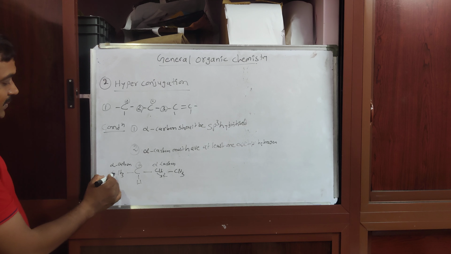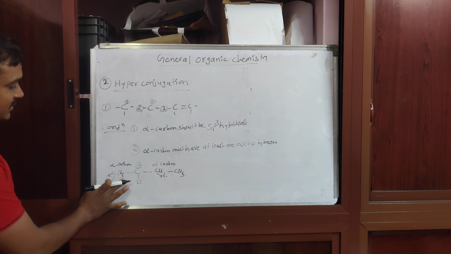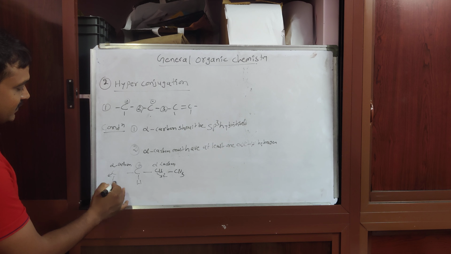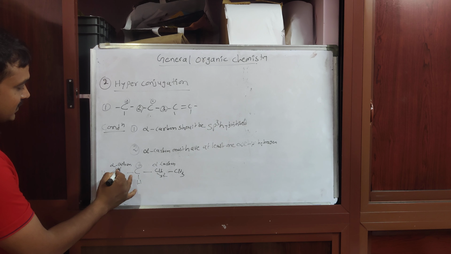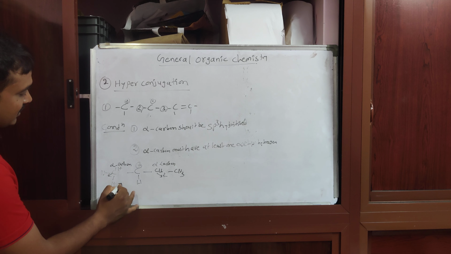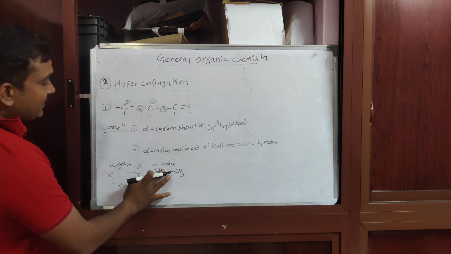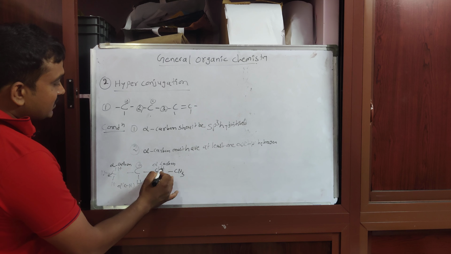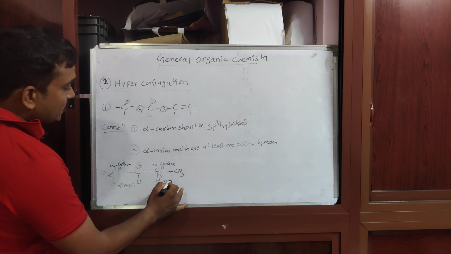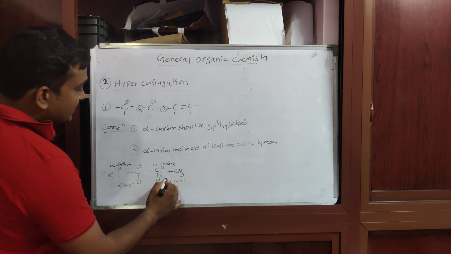The alpha carbon here has three hydrogens: this one, this one, this one. These hydrogens are called alpha carbon hydrogens. This other one also has two hydrogens, one here and one here. This has two alpha carbon hydrogens.